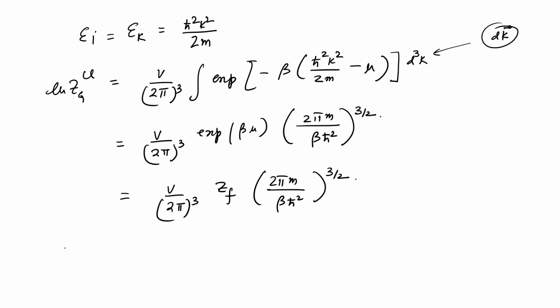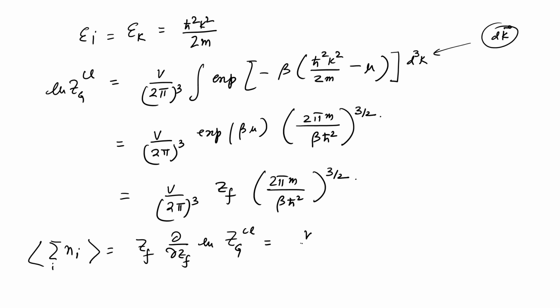And the average number of particles, what will happen to that? If you take this, then it is equal to zf del by del zf. I am using results that we already have, zg in the classical limit.